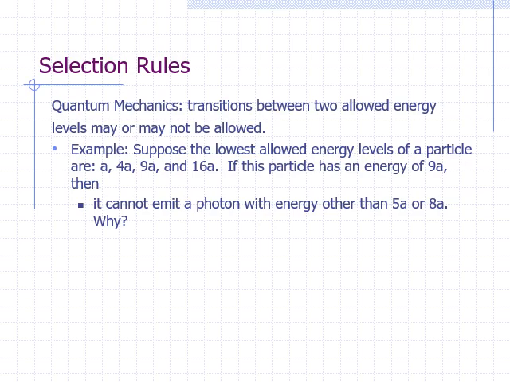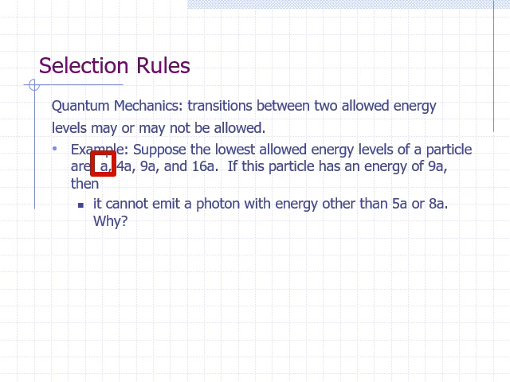Well, if it emits a photon with energy 5A, its energy drops down to 4A, which is an allowed energy level. 9A minus 5A is 4A. If it emits a photon with energy 8A, its energy drops down to A, which is also an allowed energy level. 9A minus 8A is A.